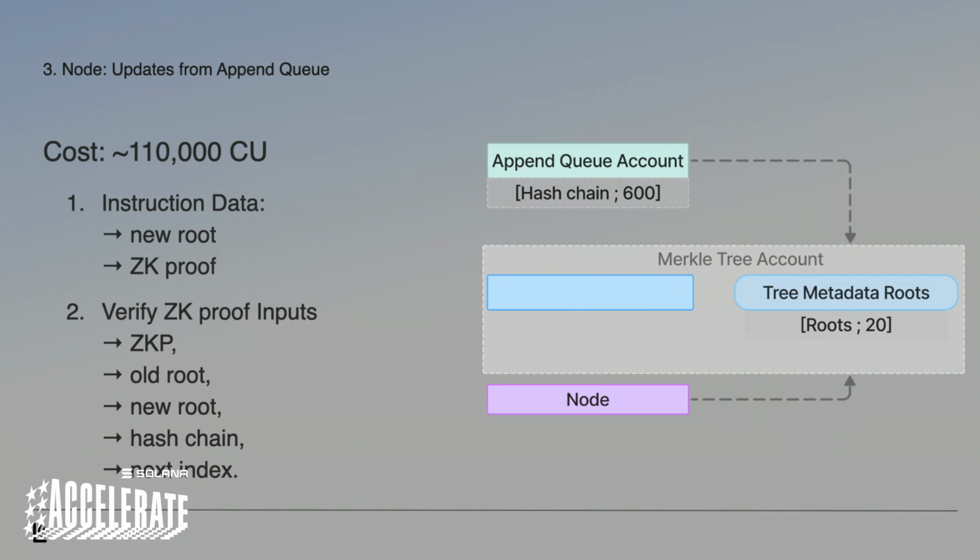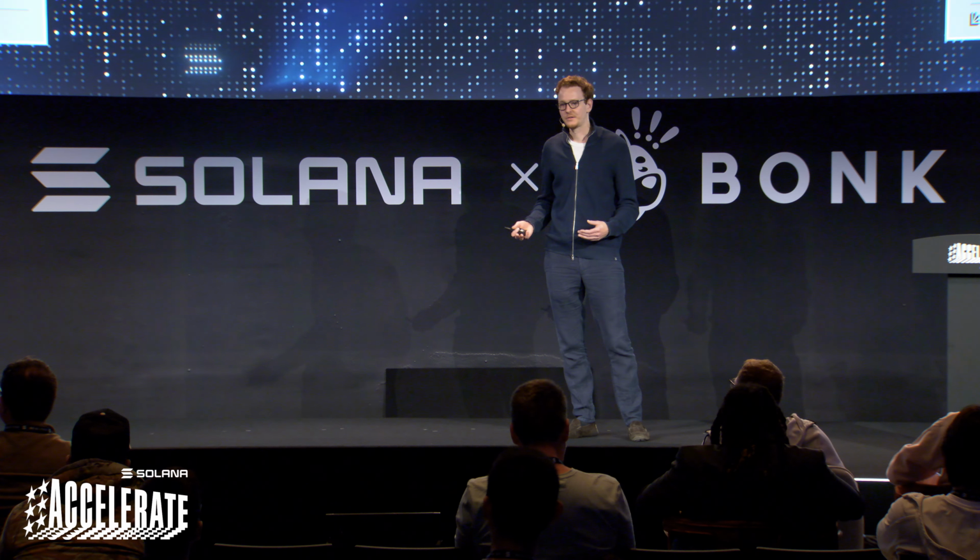Moving on to our node operations. We have two node operations, one to insert the values that we have accumulated in each queue. Let's start with the appending from the queue account. The setting is we have a node. This node listens to the append queue account, and waits until it sees that a hash chain has filled up.